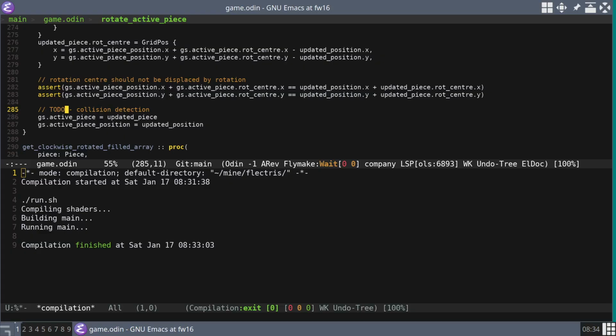And I'm not sure at this point if it will be fun to just have it refuse to do a rotation if the place you were trying to put it is illegal, or if it's more fun to say it will attempt and then it will displace back towards your initial X position until it finds a spot that works. And if it can't find anything by the time it reaches your initial X position, it starts drawing back towards your initial Y position.